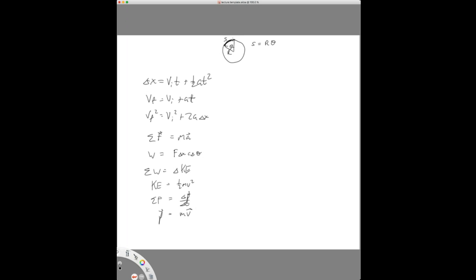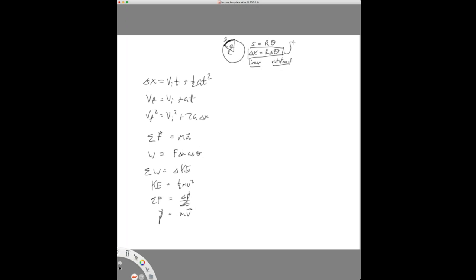So this arc length is kind of like a distance. If you think of it as your delta x and the theta as maybe a delta theta, then this becomes the key relationship to relate what I call linear variables, meaning moving in a line, versus rotational variables, so something that's rotating.